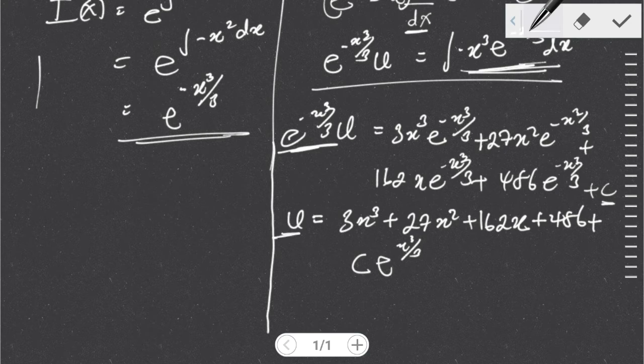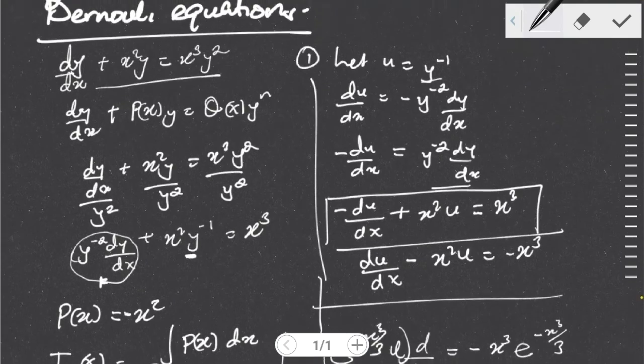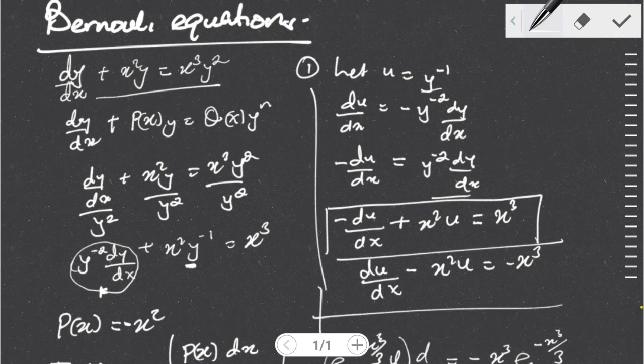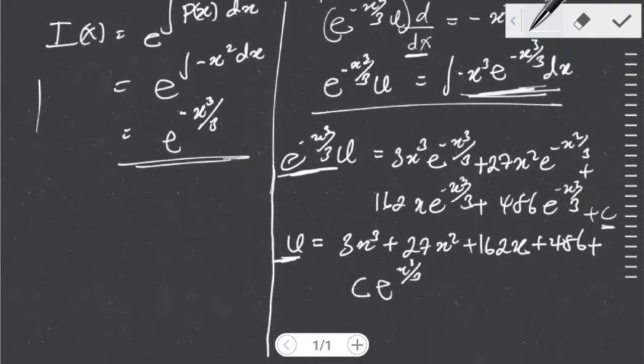But remember, this u was representing something. If you remember very well, we're letting y to power -1 be equals to u, and therefore that's what we substitute down here.